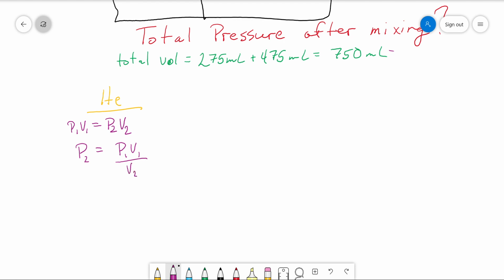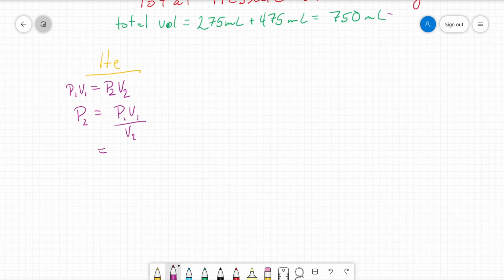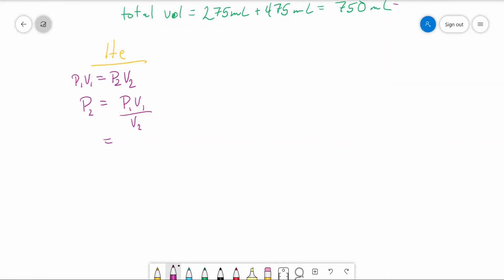V2. And this gets confusing just because of all the P's and V's and stuff. I know, but just stick with me. We'll just plug in numbers here, 752 torr. These are just coming right off the problem up above. Our original volume was 275 mLs for the helium, all divided by 750 mL.